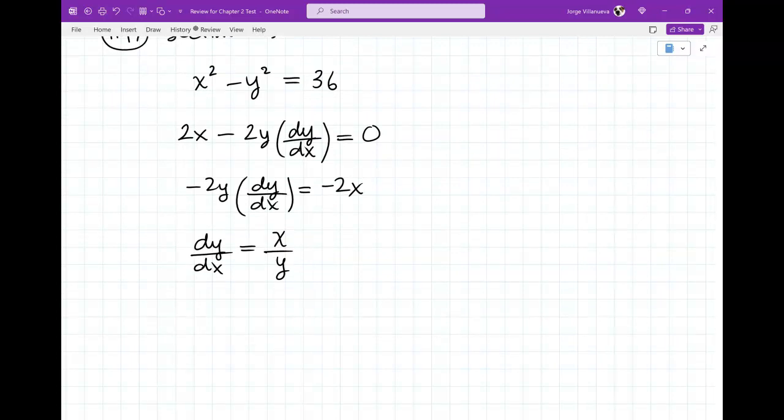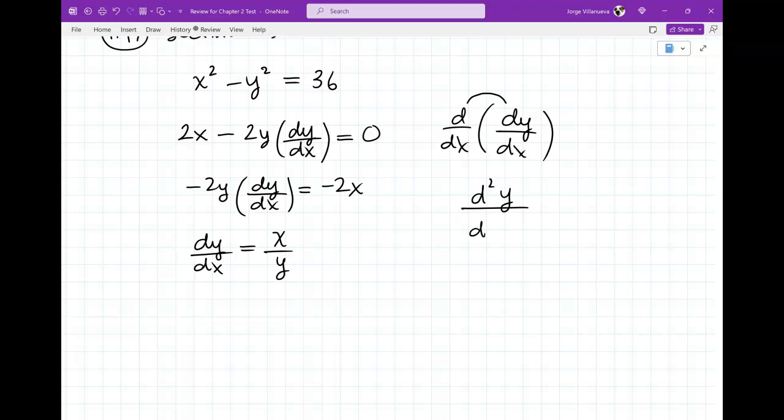So next is the second derivative, okay? Which means I'm going to take dy dx and I'm going to do d dx of dy dx. This is going to sound weird, but I'm doing the derivative of the derivative, okay? d times d is d squared, and then y over dx squared, like the whole thing.